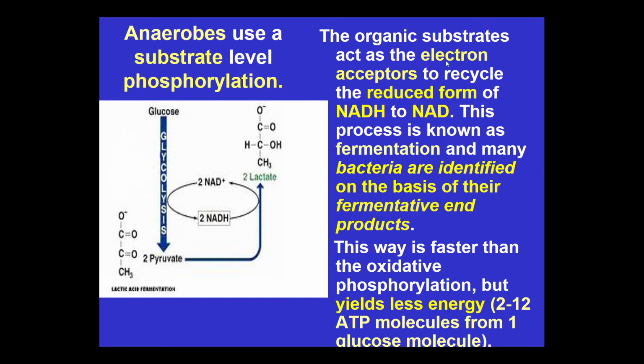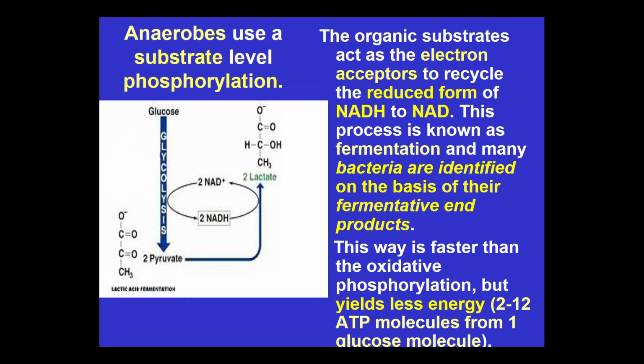So the organic substrate acts as the electron acceptor to recycle the reduced form NADH to NAD. This process is known as fermentation, and many bacteria are identified on the basis of their fermentative end products because they are highly characteristic of the bacteria that produce them.